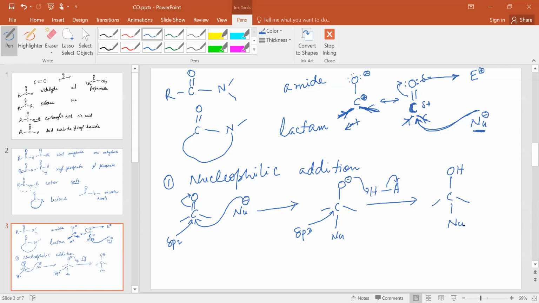This is the common reaction. We have already done this one many times and we will do this reaction again. So what is the reaction we have done? Anybody can tell? This type of reaction, nucleophile reacting with the carbonyl.